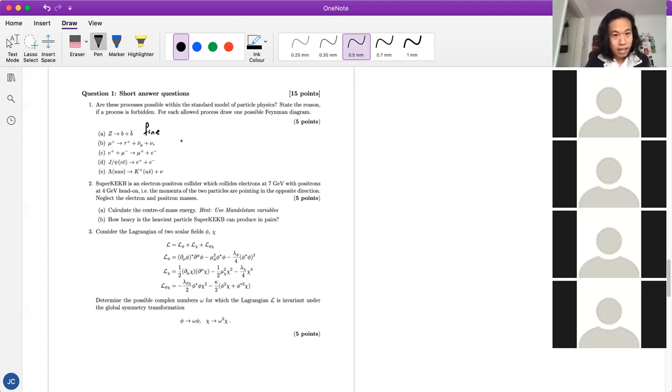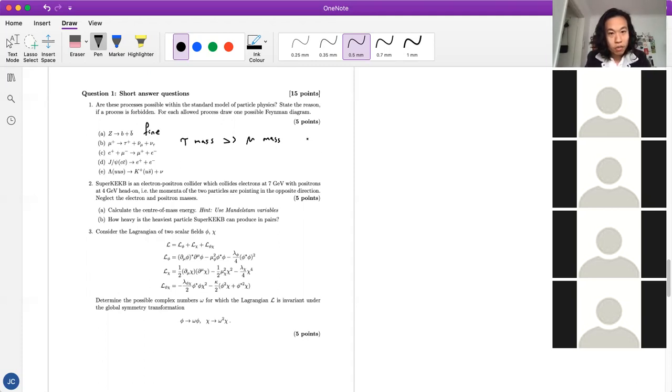But the problem is that the tau lepton's mass is significantly larger than the muon mass. So if you look at this process, you're going from something that's lighter to something that's heavier, plus additional particles. Even though neutrinos are very light, they're still going to take up some energy to produce them. And plus, they probably come out with some momentum as well.